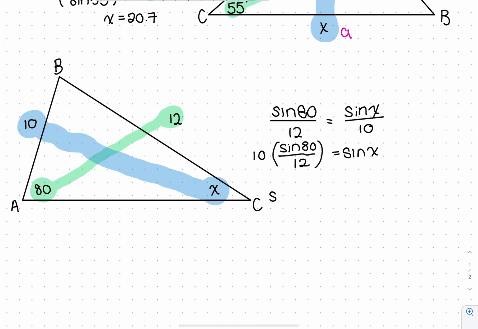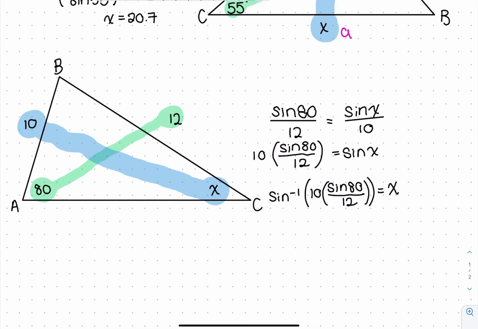It's going to become sine to the -1. And that, as we remember, can be found on your calculator. You usually have to shift, and it's usually small right above the sine button. And then we still have to keep everything else we had. So we had 10 sine 80 over 12 equals x.